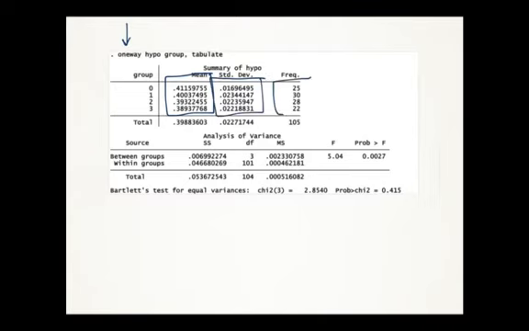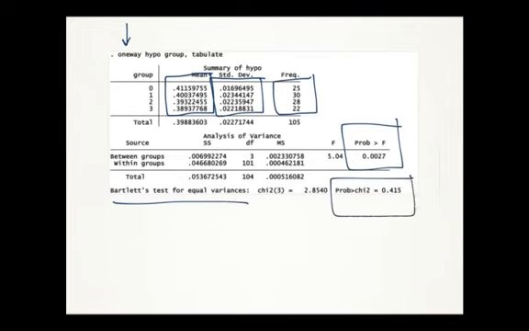The frequency means the sample size in each group. Here's the corresponding p-value. Okay, and you'll notice Stata actually gives us a test for equal variances as well, which has a corresponding p-value. We'll work through an example of this in the corresponding Stata tutorial for ANOVA.